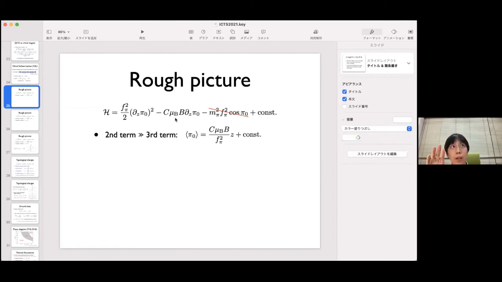Yeah, so here we are assuming some counting scheme. We are treating mu b and derivatives as small expansion parameters, and we are considering leading order in the expansion. That's why we ignore the higher order terms. Okay. So at least as a leading order, this picture would be okay.